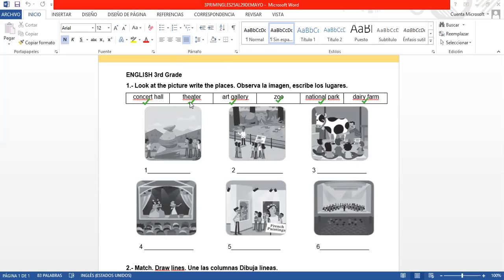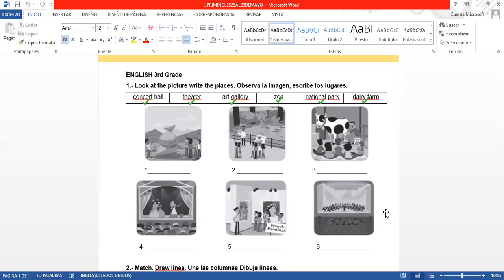Okay, so for the first one, concert hall, we're going to look for an image with a stage, maybe with actors or singers. And we also have to look for the seats. In number 4 and number 6, we seem to have all of those characteristics: a stage, singers or artists, and a bunch of seats.